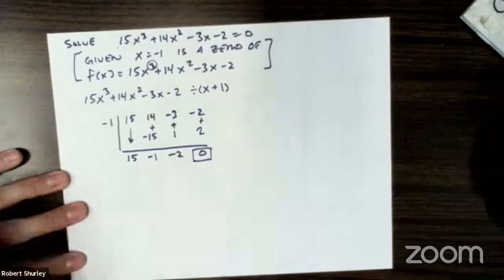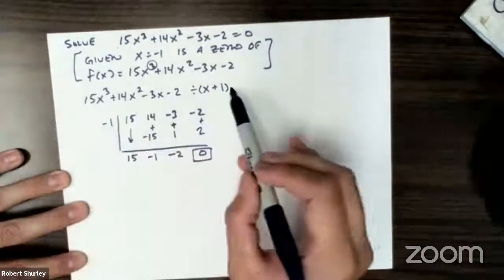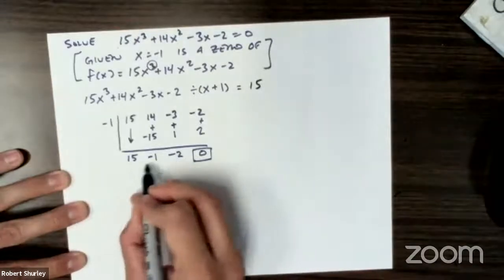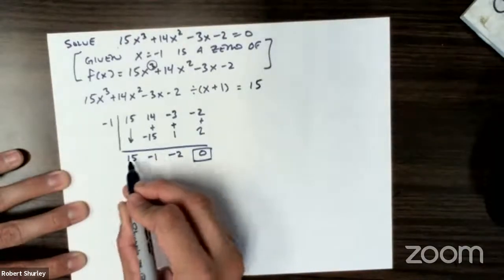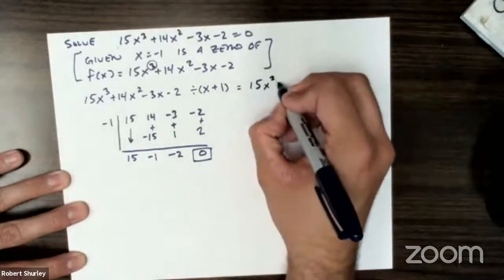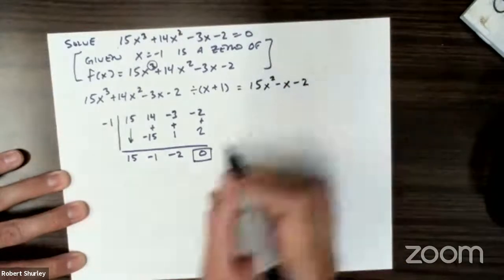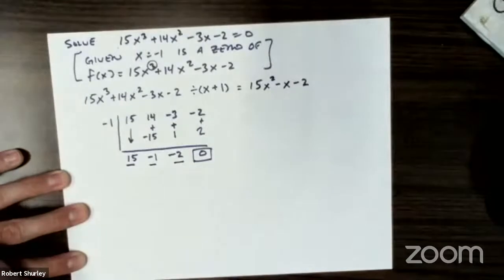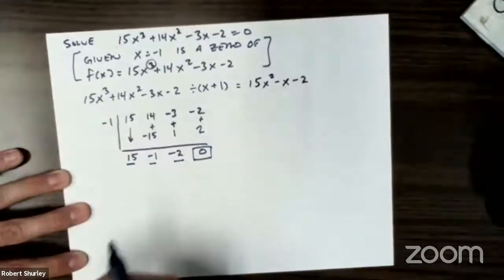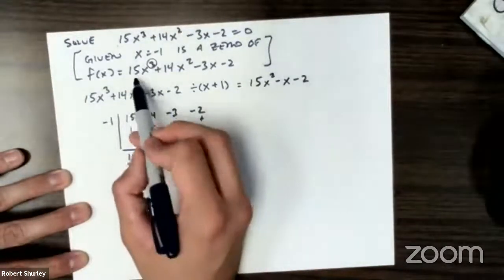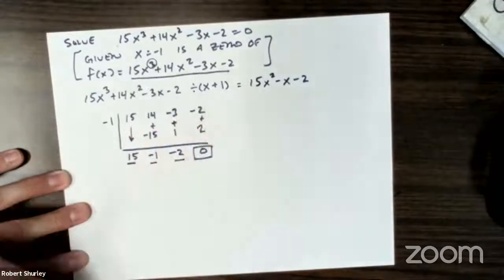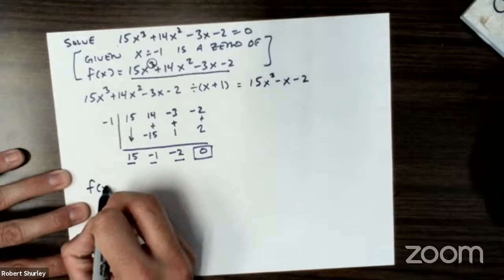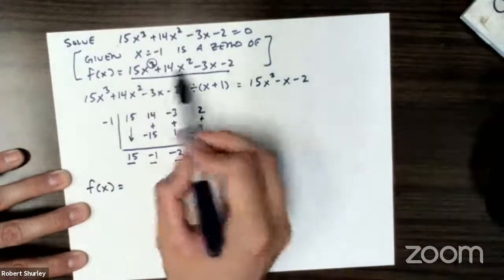But here's what I need you to realize. Look, what we found here is that this division actually equals, what, 15x squared minus x minus 2. Now remember, this is a quadratic. But for us, what matters is that we have factored this third degree polynomial. We know now that f of x is actually this.